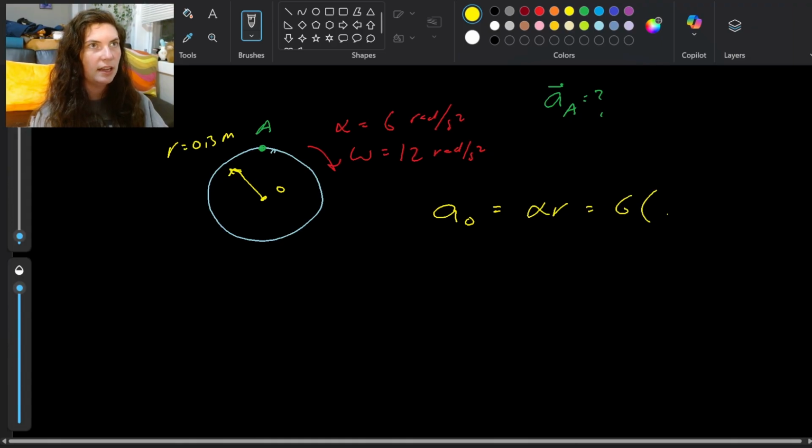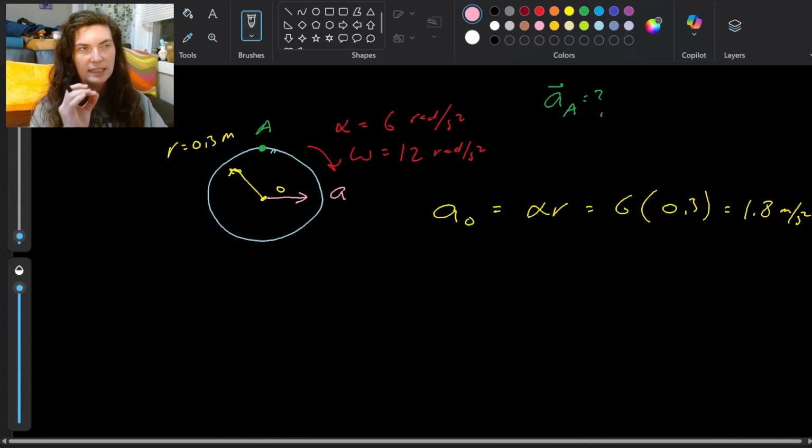It's 6 times 0.3, which gives me 1.8 meters per second squared. So now I know the acceleration of the disk in general as it's moving. And I know that this is going to be moving horizontally, since it's constrained to be on the ground and it is the center of this disk, so AO is moving horizontally like this.